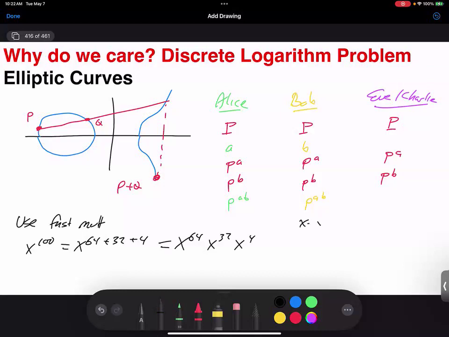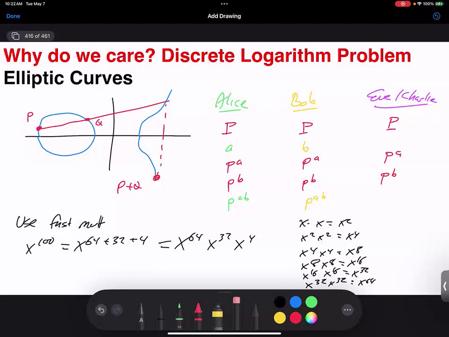So x times x is x squared, x squared times x squared is x to the 4th, x to the 4th times x to the 4th is x to the 8th, then x to the 16, x to the 32, and x to the 32 squared is x to the 64. So worst case scenario, x to the n takes approximately 2 log base 2 of n steps.